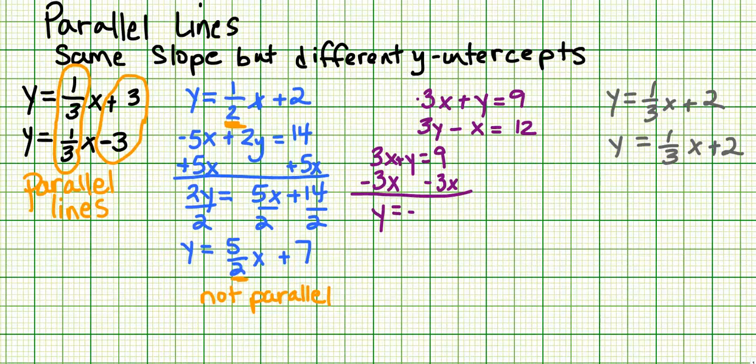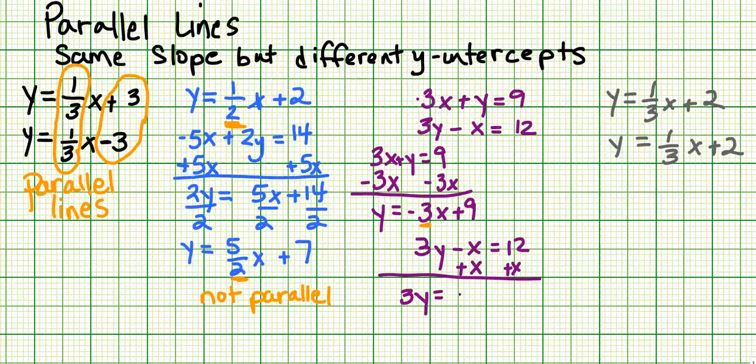So this line happens to have a slope of -3. Second equation, 3y minus x equals 12. Well, I got to add x. 3y equals x plus 12.